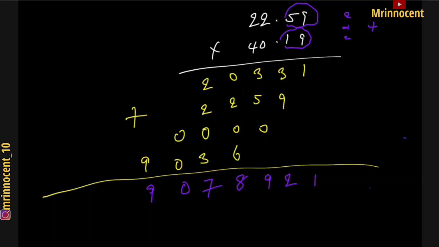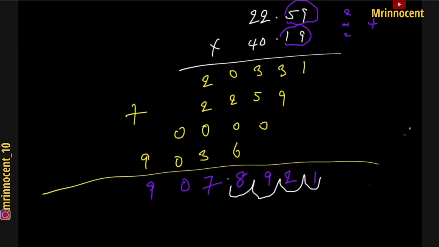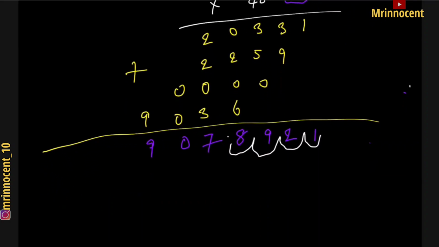For you to insert the decimal place, you have to move backward 4 times. So you have 1, 2, 3, 4. So your final answer is 907.8921.